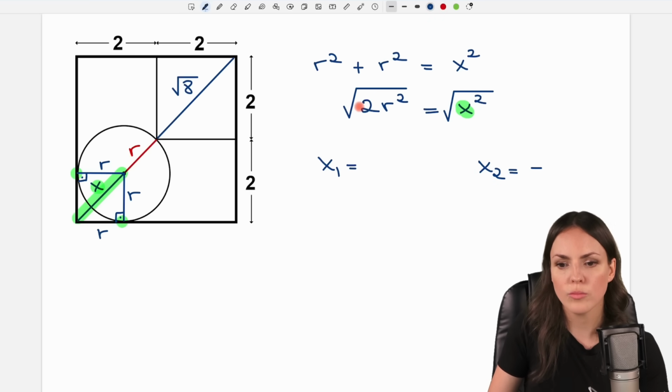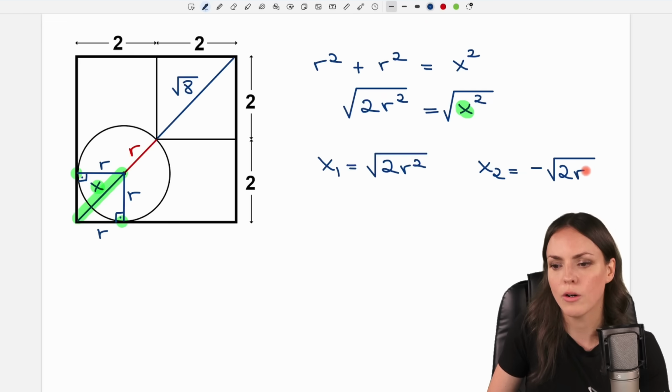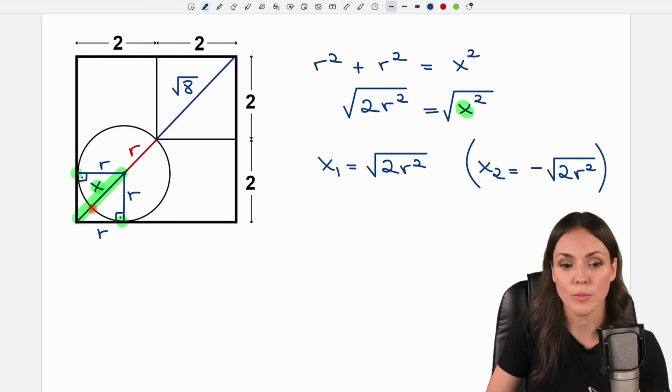The positive one is just everything we have on the other side, so the square root of 2r squared, and the negative one is negative everything we have on the other side, so negative the square root of 2r squared. We are not interested in the negative solution because our x is going to be a length of a side, so it has to be positive, but this one looks good.